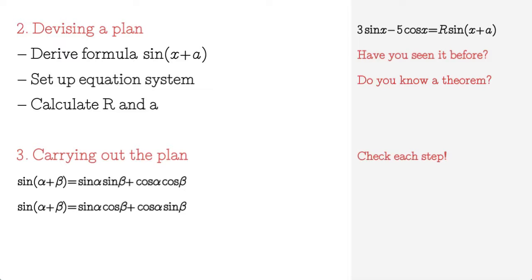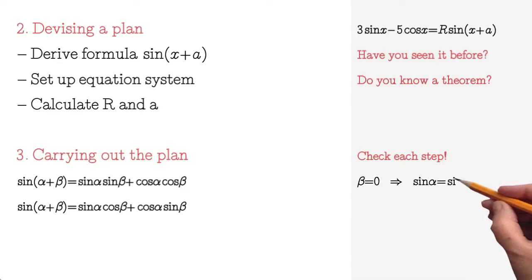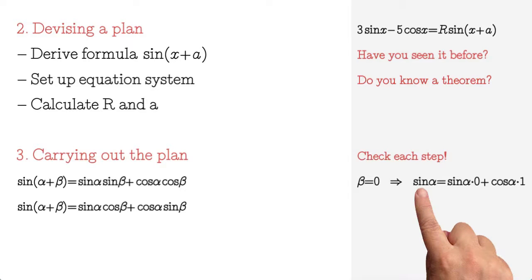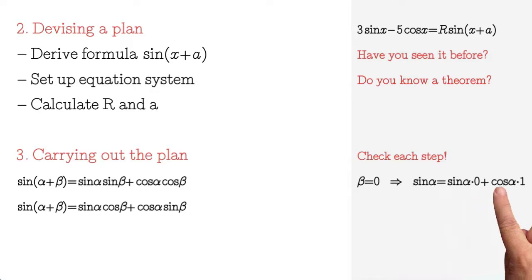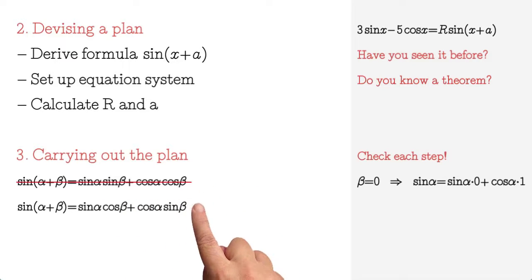Let us check. If we set beta equals 0, we get the following equation. That would mean that sine alpha equals cosine alpha, which is dead wrong. So this formula is incorrect, and we can cross it out. Let's test the next formula.